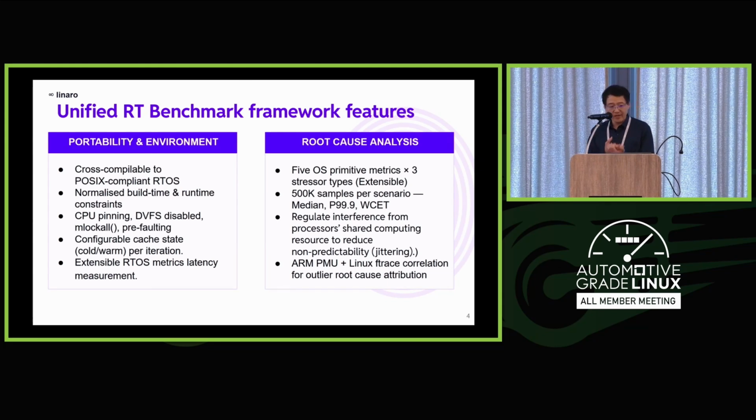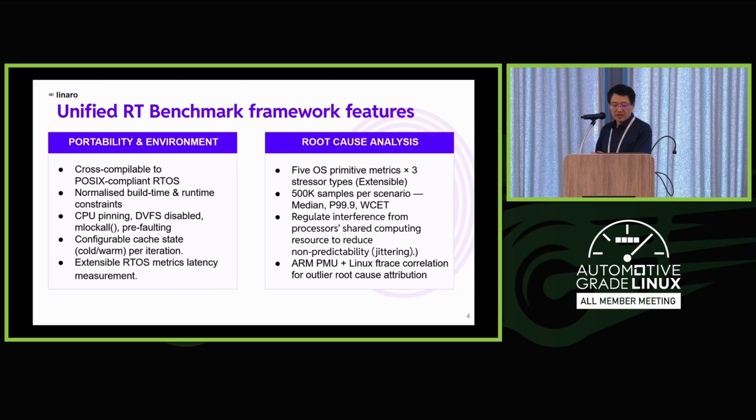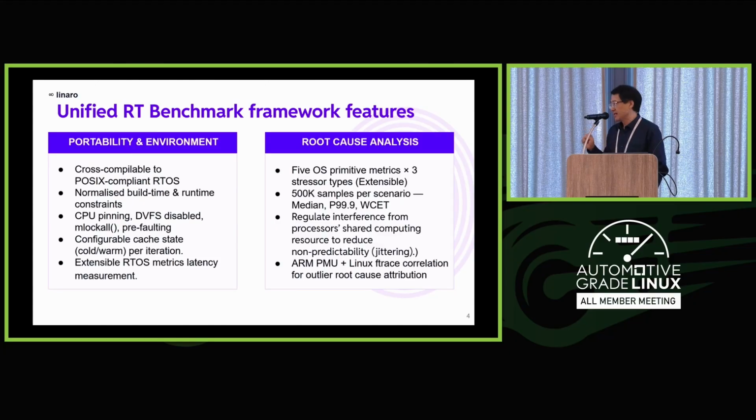We're going to have that feature, and of course there's something similar to cyclictest, like CPU pinning, memory locking, etc. We're also going to keep cache state consistent across each test run, because we're going to do a configurable multiple-iteration test run to get statistical test results.